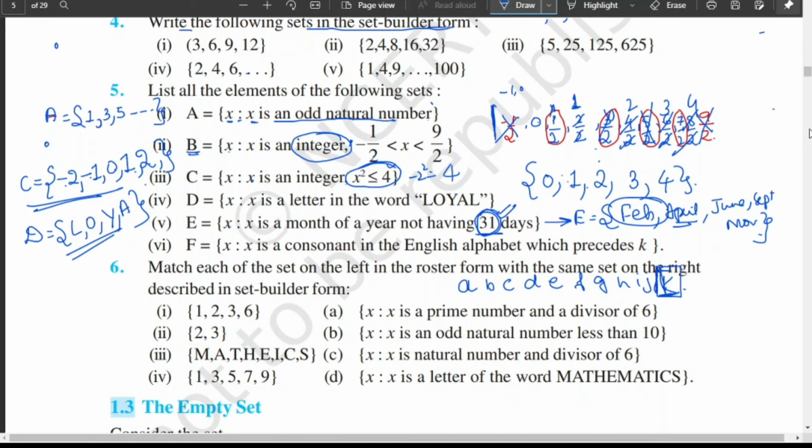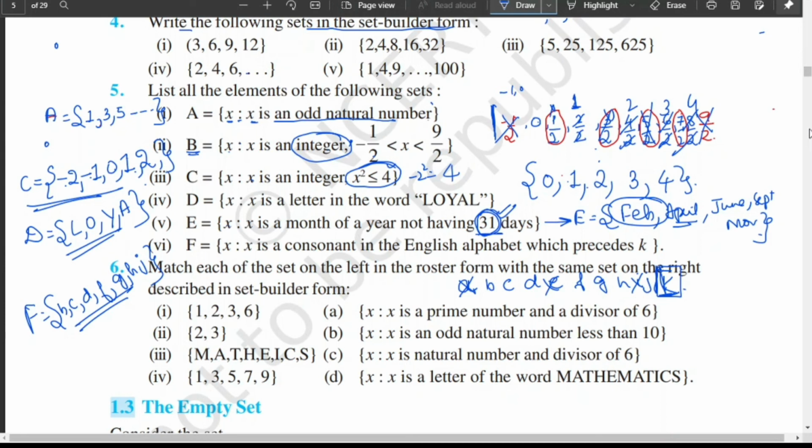So we will remove which are the vowels A, E, I. So what are remaining consonant? The set here will be F equal to B, C, D, F, G, H and J. Done. These are the consonant. We have removed the vowels, remaining are consonant.